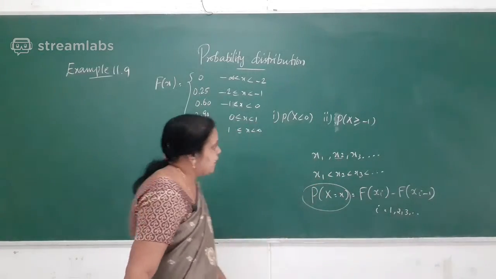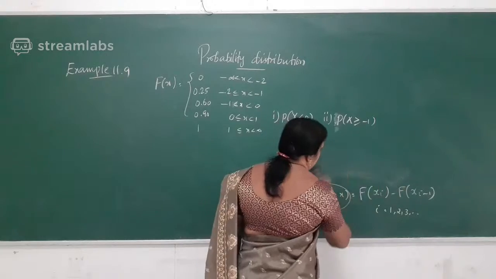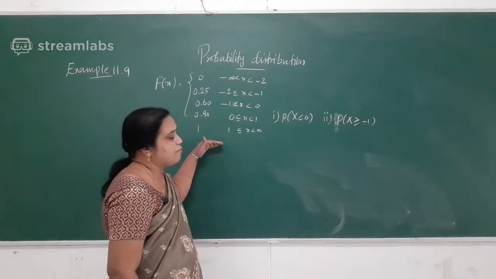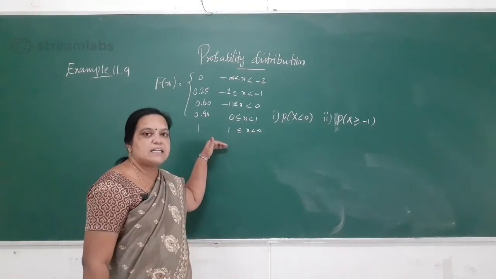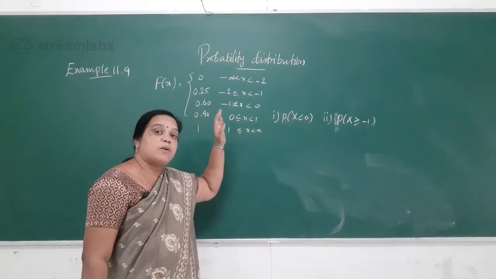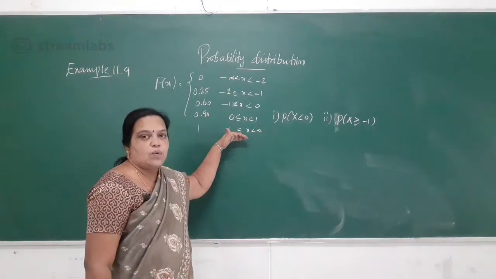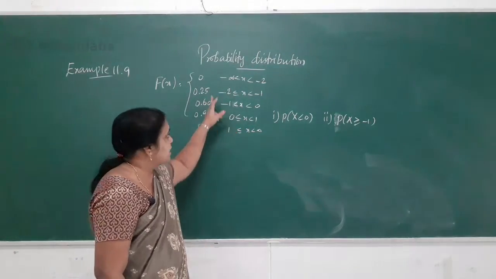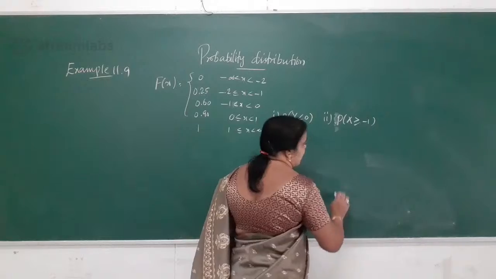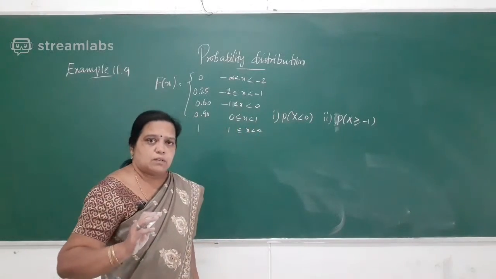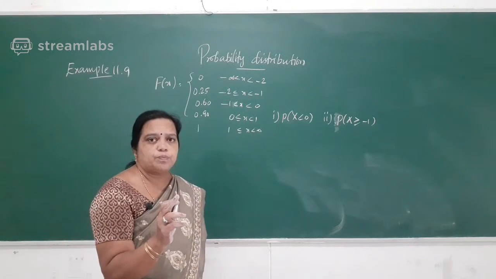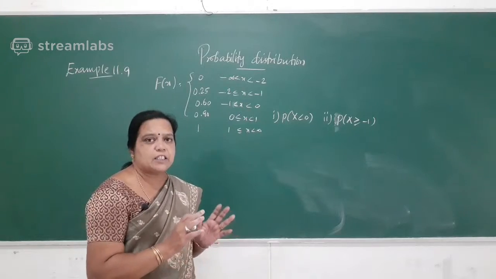From the given data, first we have to know that x is a discrete random variable, and easily we can write the random values from this data. What are the random values? In previous sums we have seen one dice thrown 2 times, and we add the 2 scores.